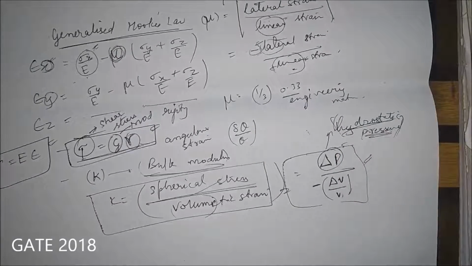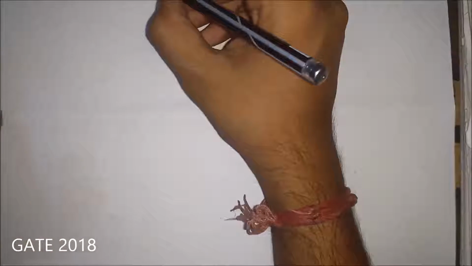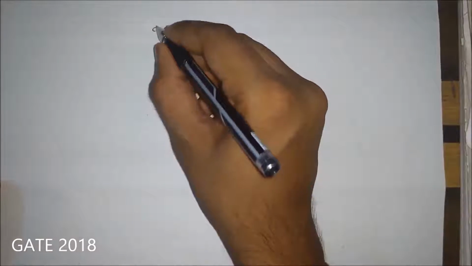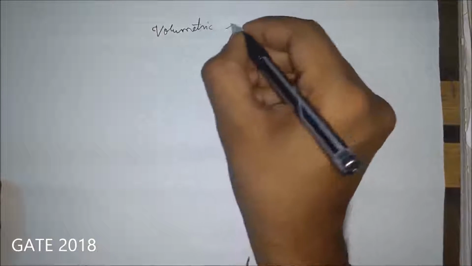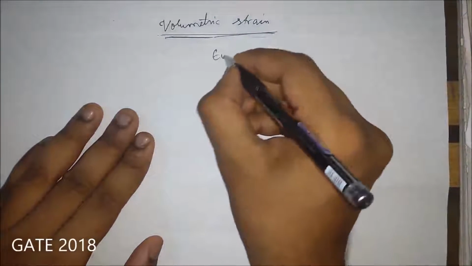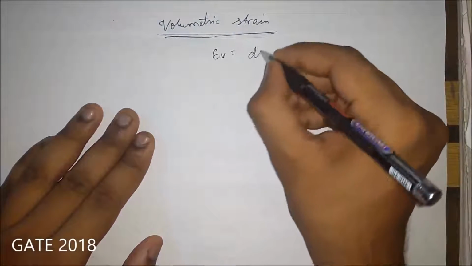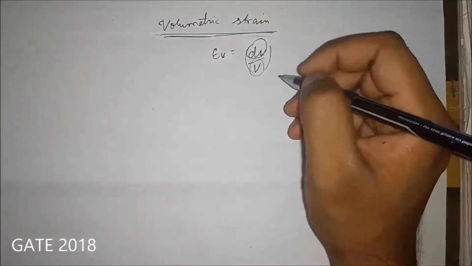Okay. Now next is volumetric strain. Volumetric strain is given by epsilon V, which is dV by V. Change in volume by original volume is called volumetric strain.